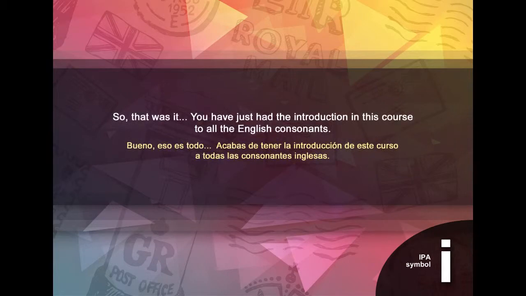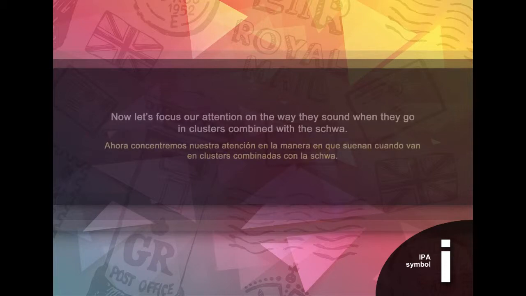So, that was it. You have just had the introduction in this course to all the English consonants. Now, let's focus our attention on the way they sound when they go in clusters combined with the schwa.